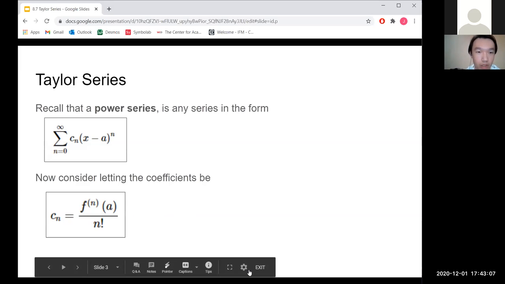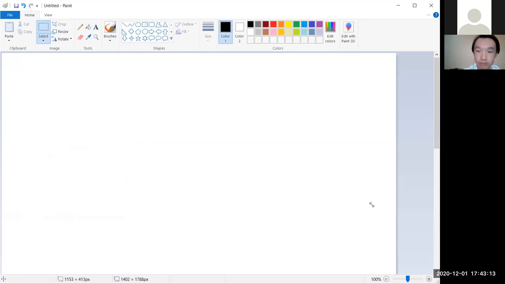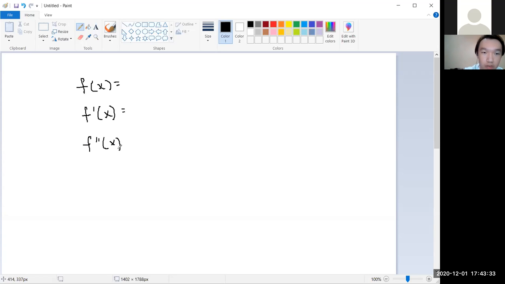Okay, so let me just write it out for those of you who haven't seen it before. If I have just a function f of x, you can think of that as the 0th derivative. And then you have f prime of x, which is the first derivative. And then you can also have f double prime, which is the second derivative. And then as we go on, it's tedious to write a lot of apostrophes.